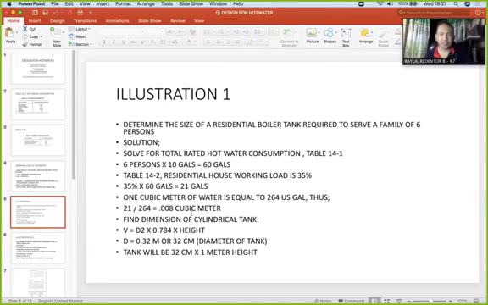So determine the tank: volume equals diameter squared times 0.784 times height. Try to compute it on your own.